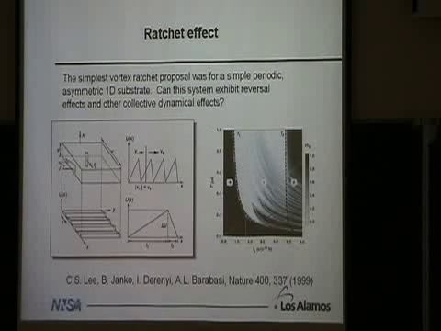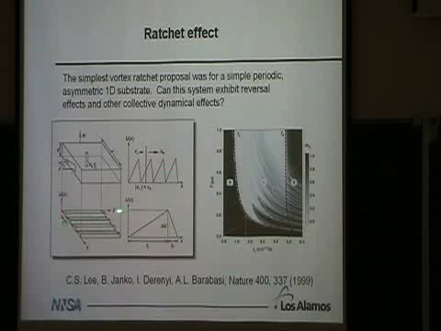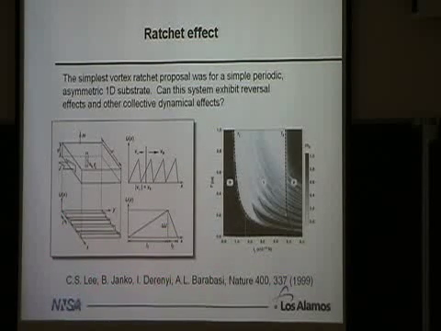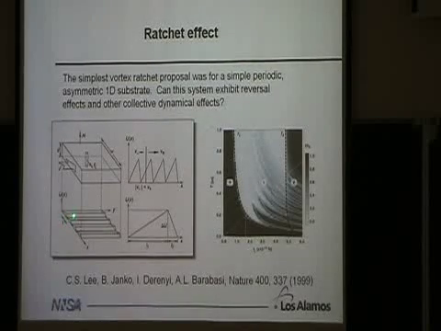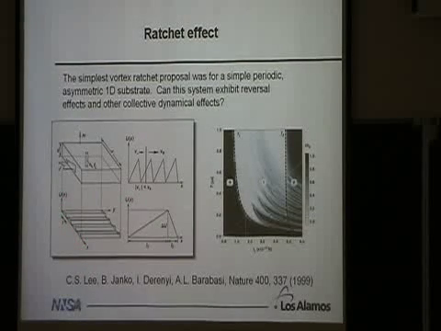So back in the 90s, there was a very simple proposal for a vortex ratchet: you put superconducting vortices on a simple periodic asymmetric 1D substrate. In the next slide, I'll introduce the superconducting vortex system. But here's the substrate that Lee, Yanko and collaborators had in mind. You take a sample and fabricate a substrate that's basically an asymmetric sawtooth along the x direction, but along the y direction it's just constant.